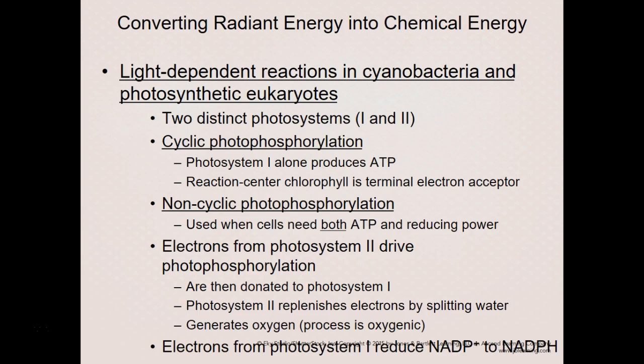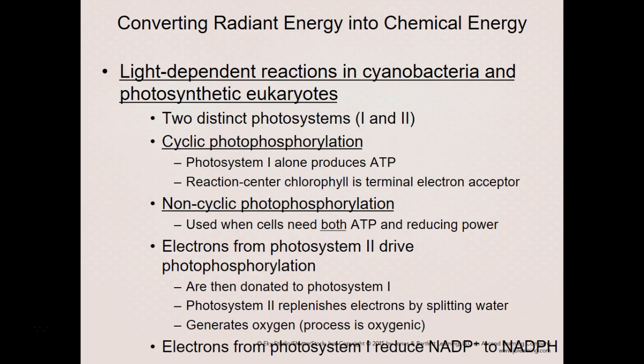But photosystem 2 is the first photosystem in the non-cyclic pathway, whereas photosystem 1 is found in both cyclic photophosphorylation as well as in the non-cyclic pathway. It's the second photosystem. So we identify them by how we discovered them, but not how they work. That's what I want to say.